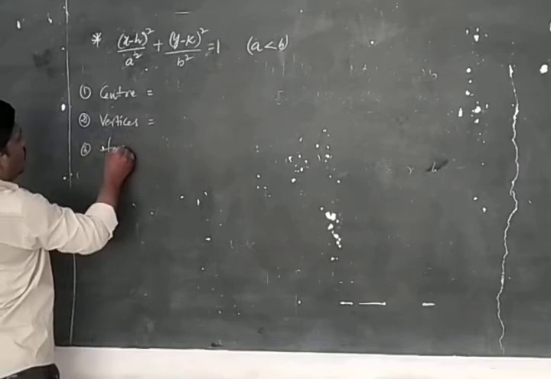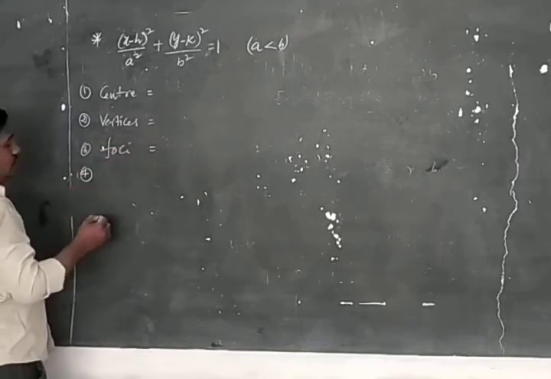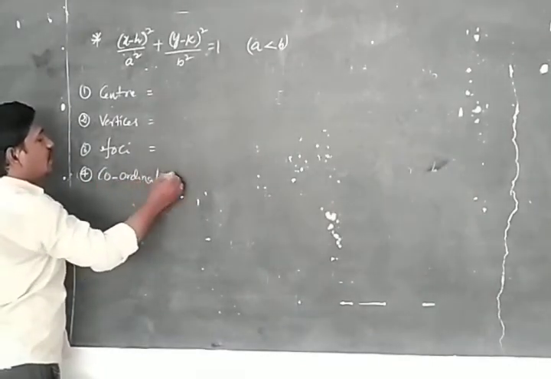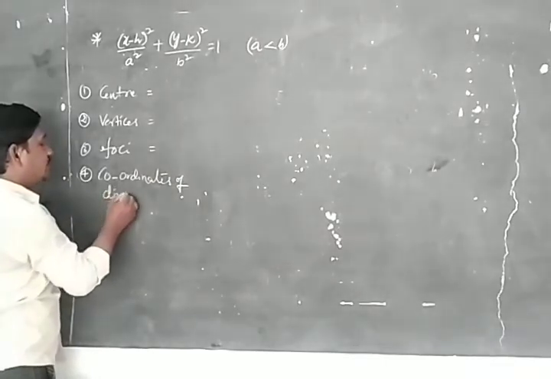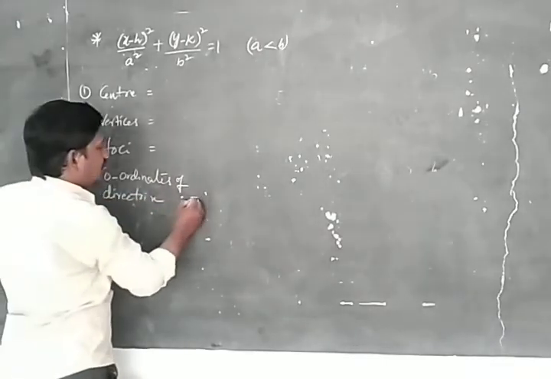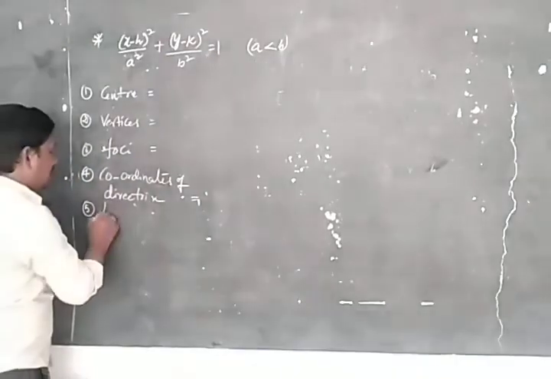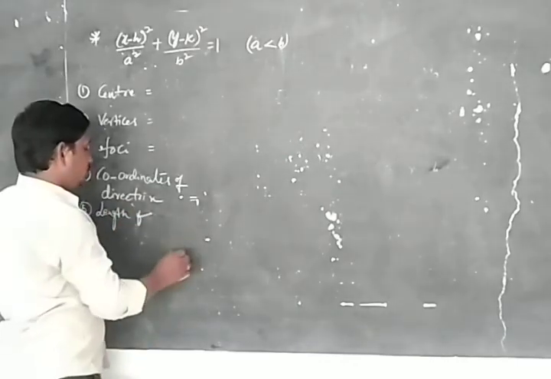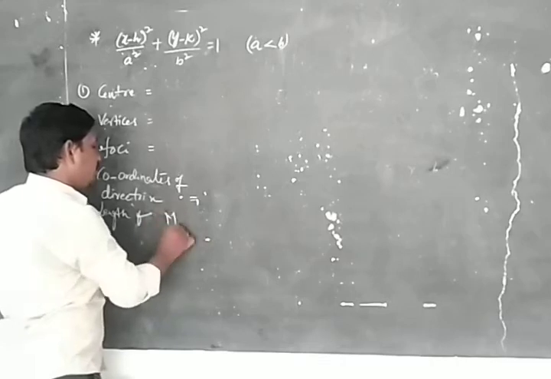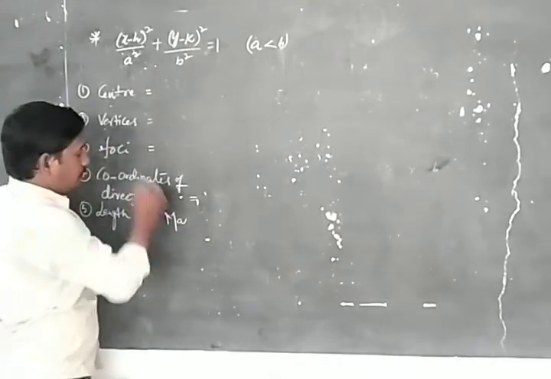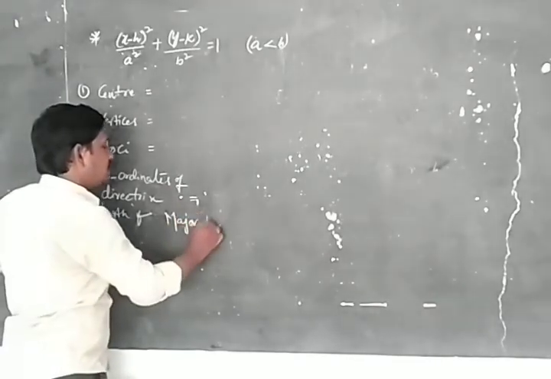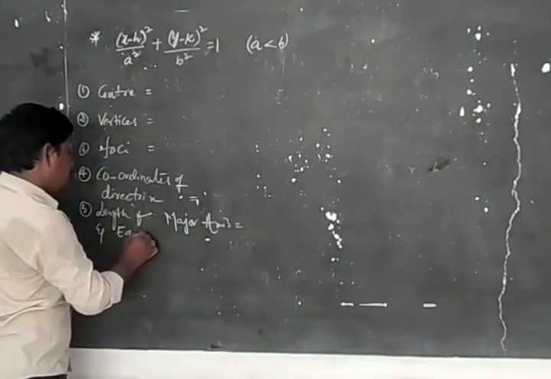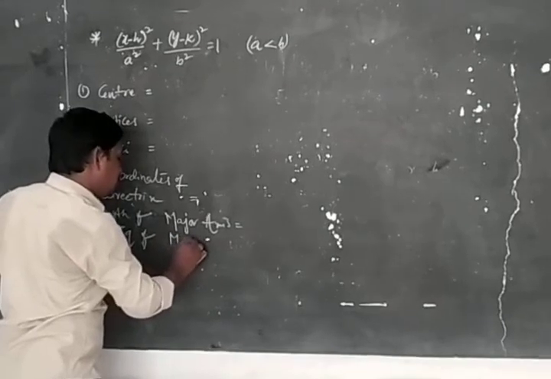Third one, foci, and fourth one, equation of coordinates of directrix, and fifth one, length of major axis and equation of major axis.